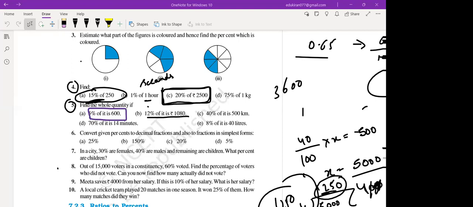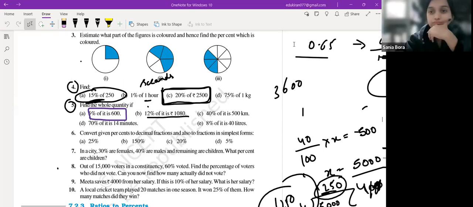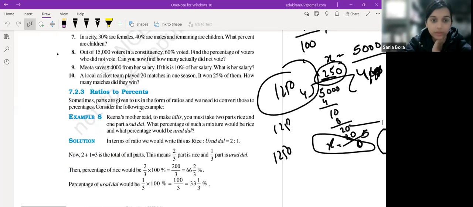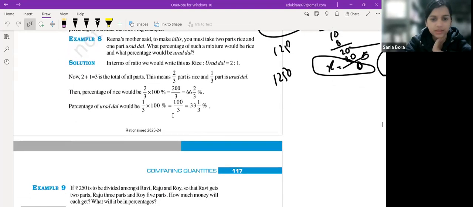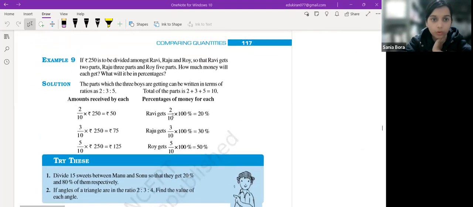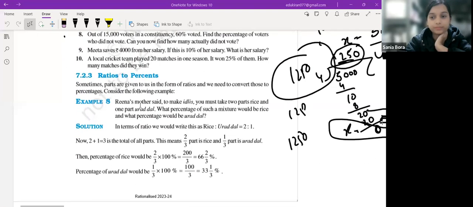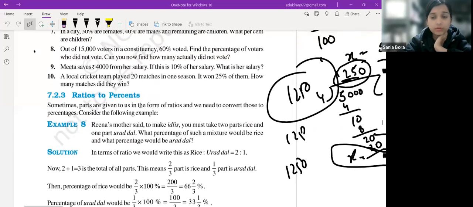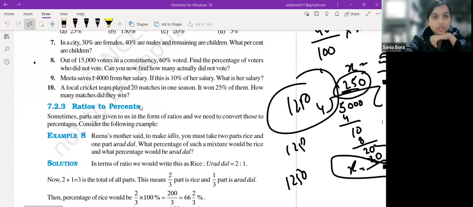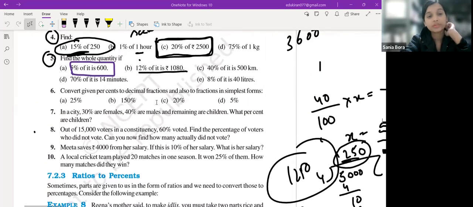Ma'am, I think we finished the whole exercise. Yes, ma'am. Okay, if we finish, then we will start from the next one today. Ratio and the percent. I think this also we did, no? No, we didn't do this. We have to start with a new concept then. Okay, let's check the homework I gave.